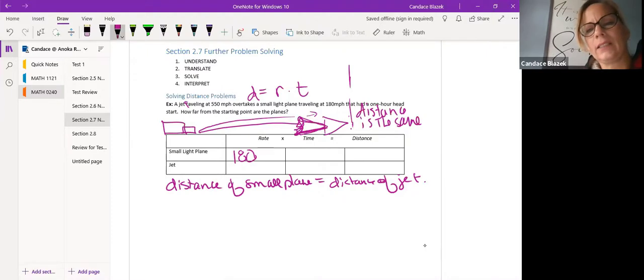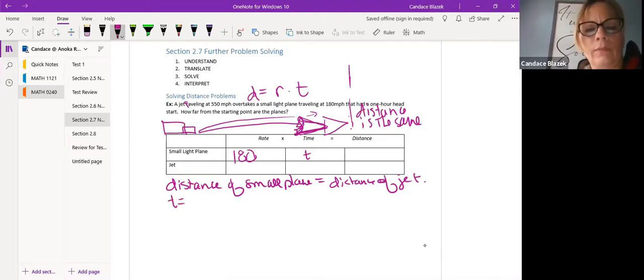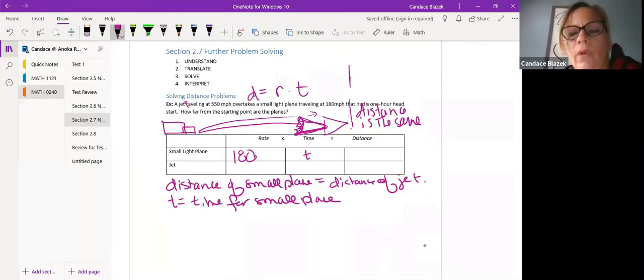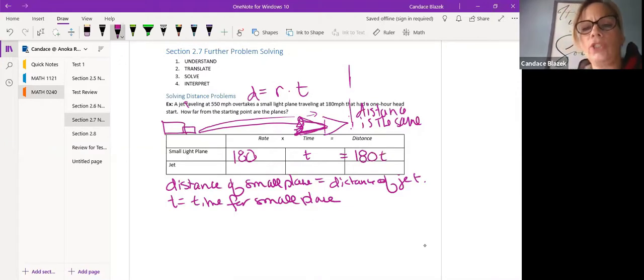Now the t, well, a time, we don't know the time, so we're going to let t equal the time for the small plane. Okay. t is equal to time for the small plane. Now, what is the distance? Well, rate times time equals distance. So even though we don't know what the time is for the small plane, we don't know what the distance is, we can express it as a term, 180t.